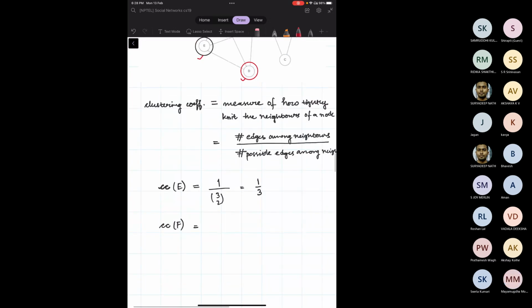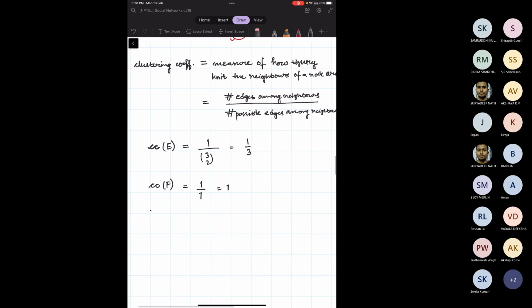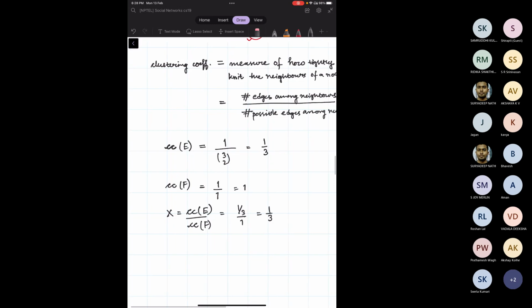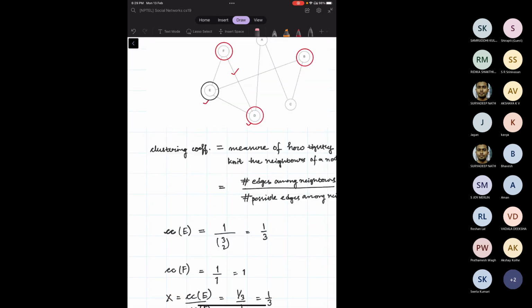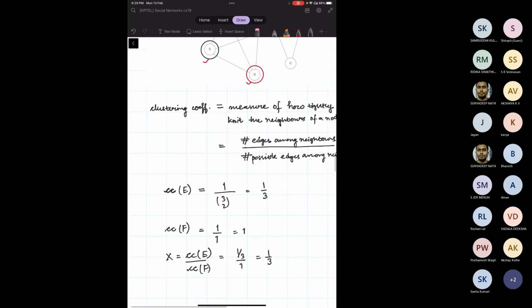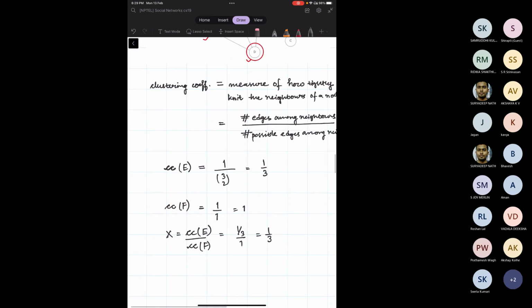So the clustering coefficient is 1 over 1, equal to 1. So X is basically CC of E over CC of F, which is 1 by 3 over 1, equal to 1 by 3. So this is the clustering coefficient. If anyone has a doubt regarding this problem, you can ask.